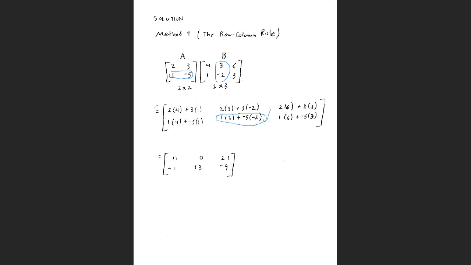Let's pick one more here. Let's say you wanted to know how we got this entry here. Maybe I'll put it in red. Red shows up a little better. This entry is in what row, what column?